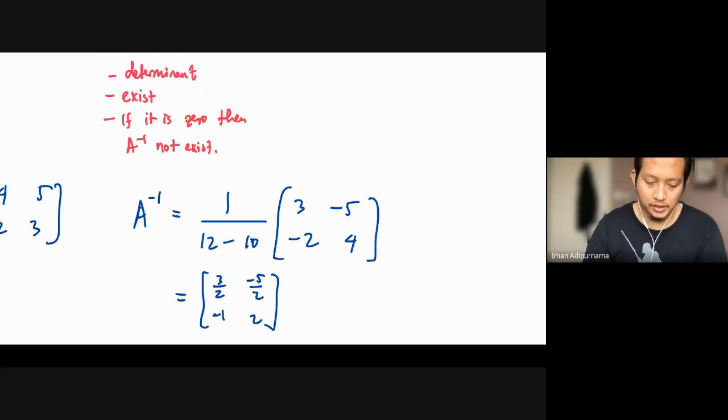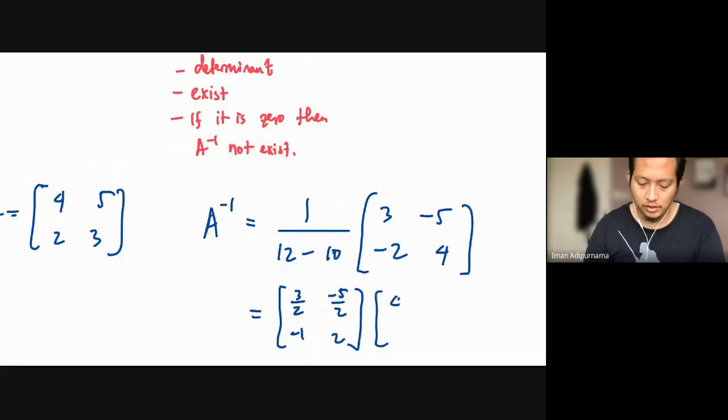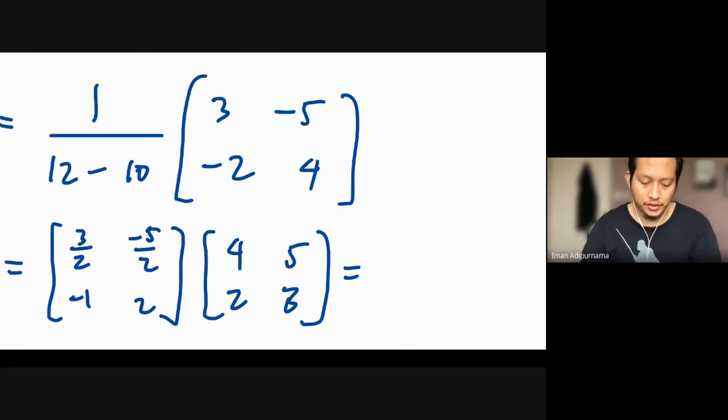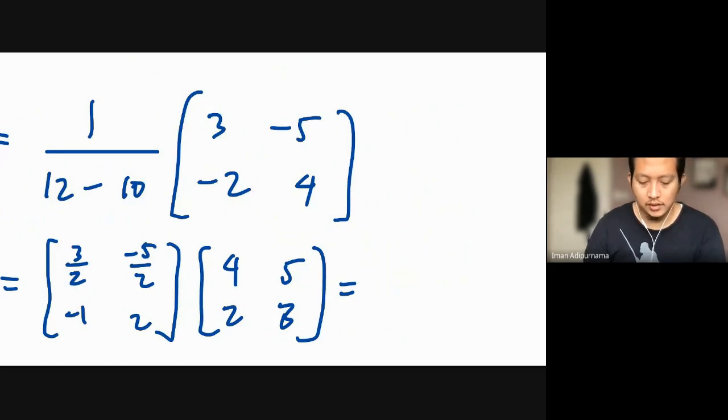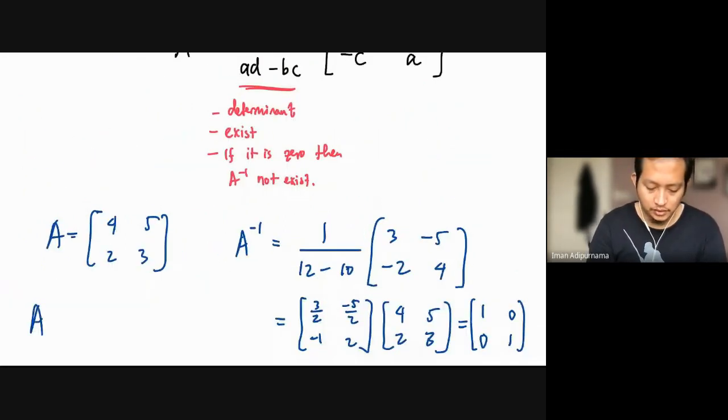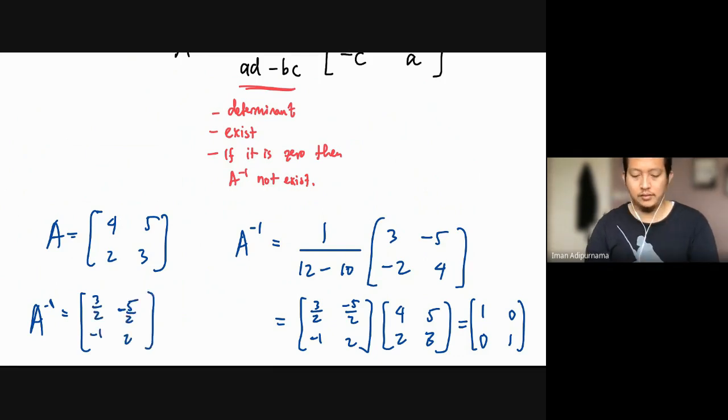And we can also check this by multiplying with our original matrix. 3 over 2, 4, 6. 6 minus 5 is 1. Minus 4 plus 4 is 0. It's 0, 0, 1, so we get the identity. It's our inverse.